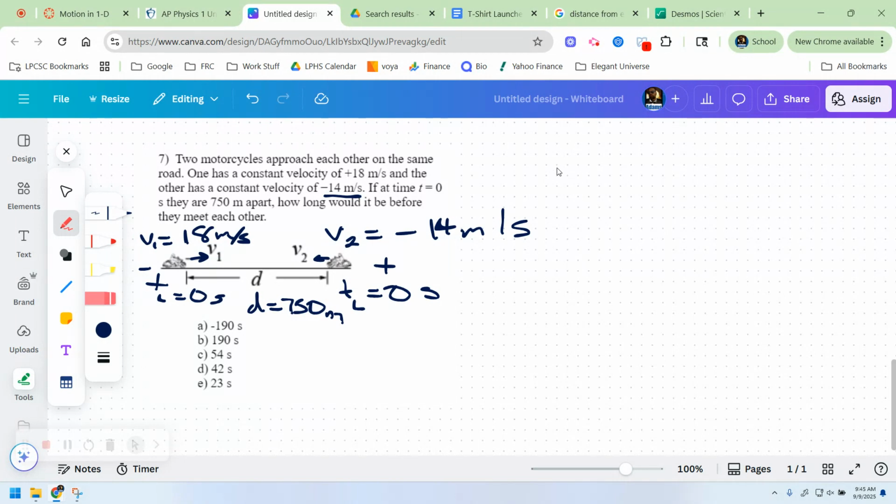And so this is an interesting one because you're going to have the distance of 1 plus the distance of 2 has to equal 750 meters. Now in this particular case, notice that I said distance and not displacement, because this V2 is going to be displaced a certain amount in the negative direction.